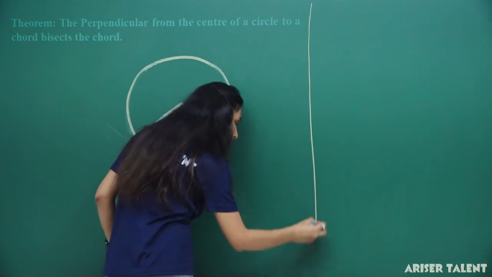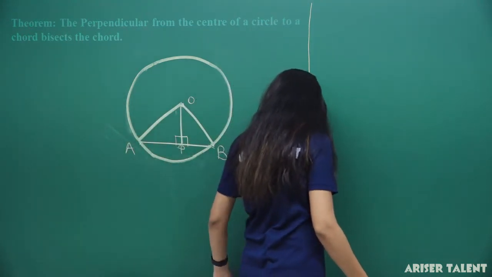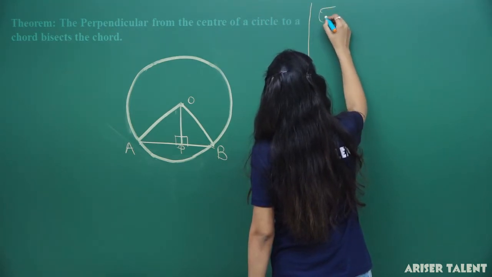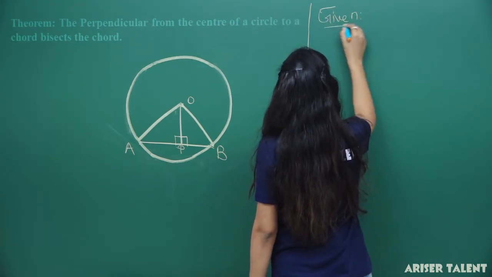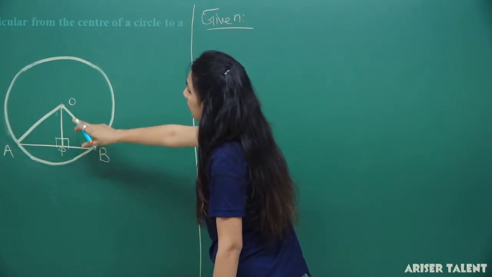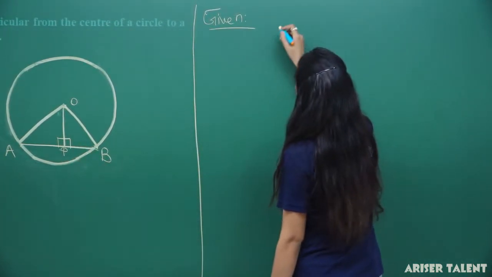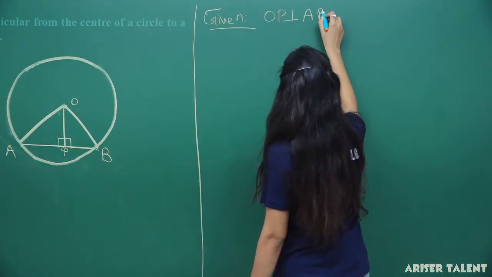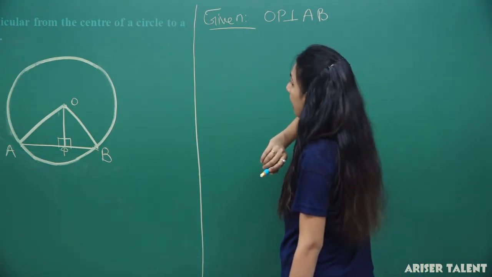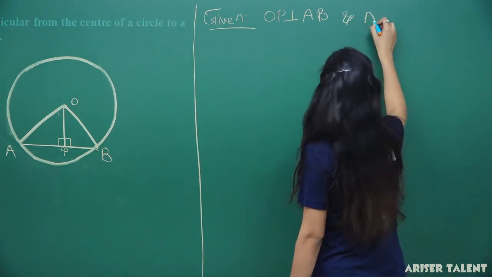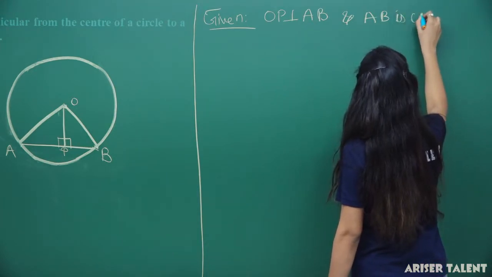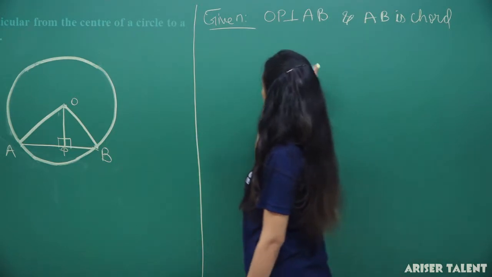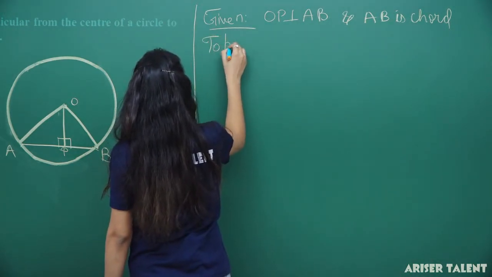Here is the given part. What is given, students? Given is OP is perpendicular to AB, and AB is a chord. Now, what do you have to prove?